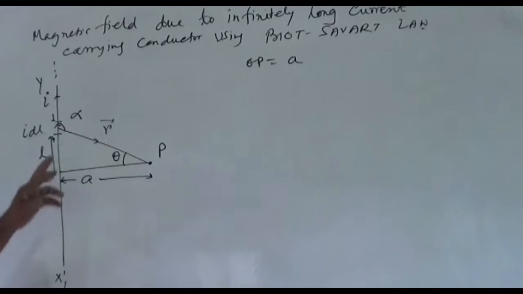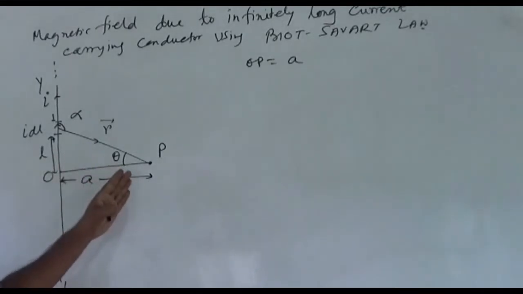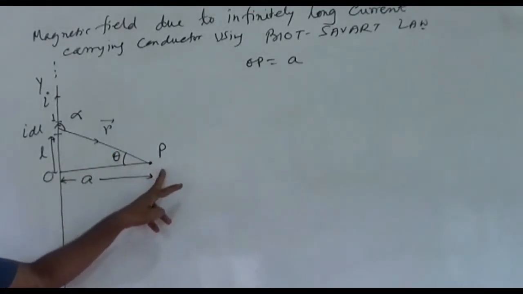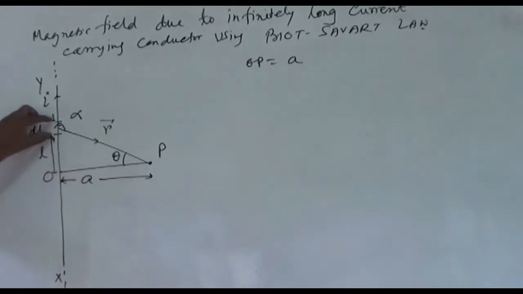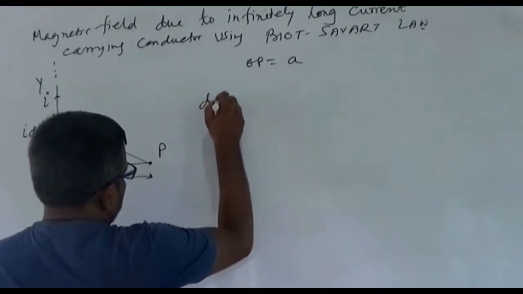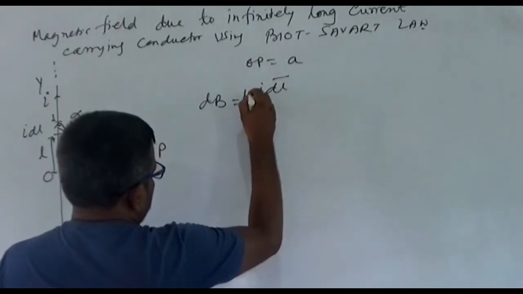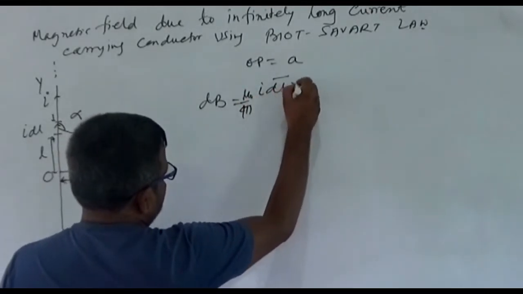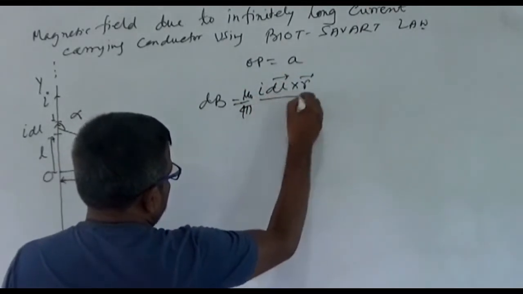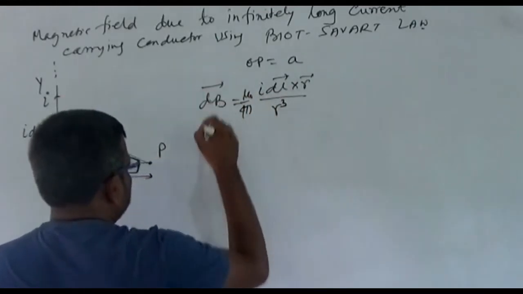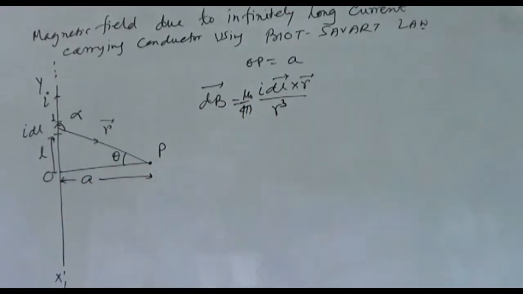Now, according to Biot-Savart Law, the magnetic field at point P due to this current element is dB equals mu naught by 4 pi, Idl cross R divided by R cube. First we find the direction.